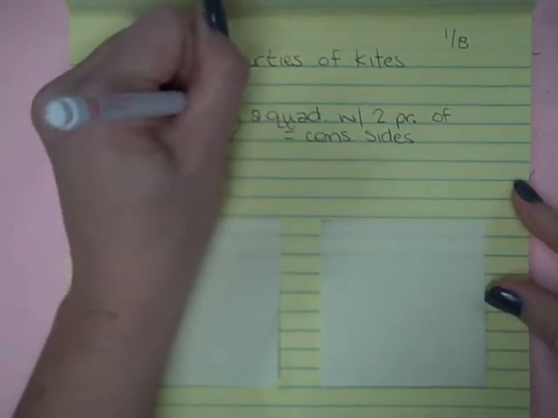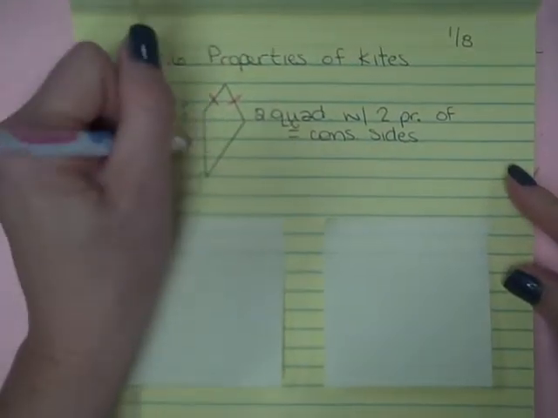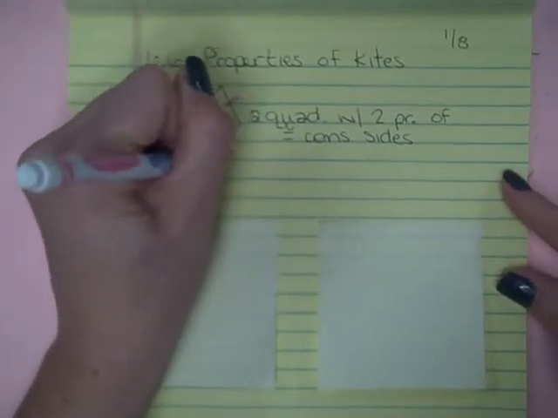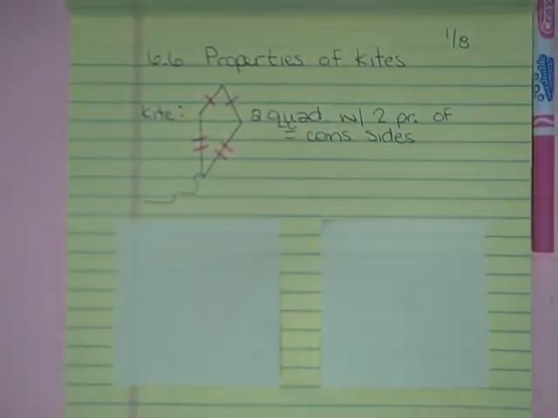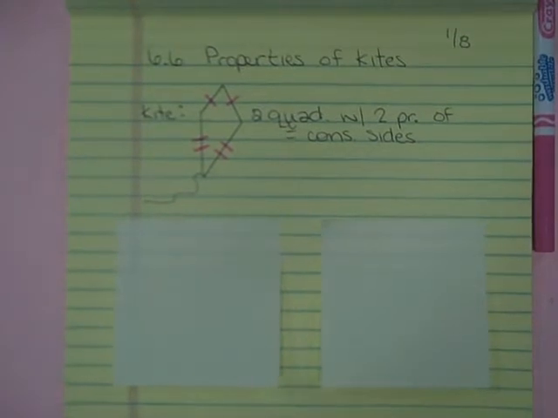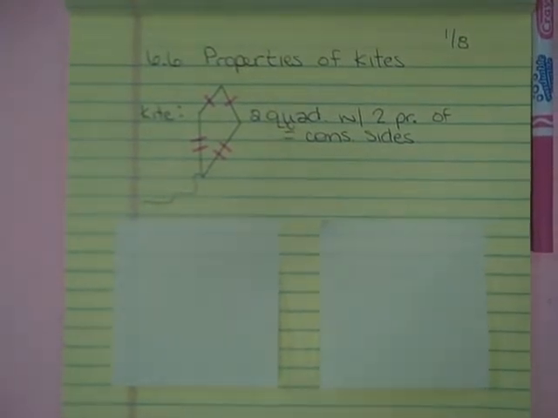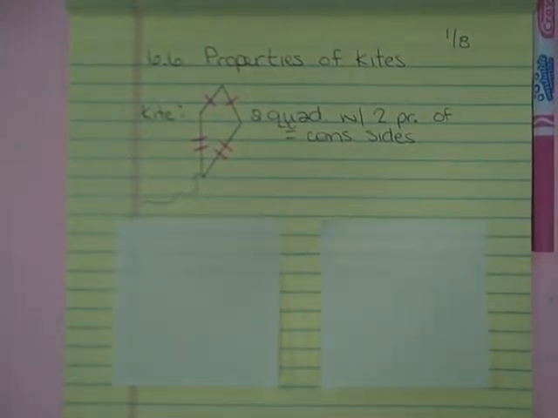So this side would be congruent to this side, and this one is congruent to this side. Notice there are no sets of parallel sides like we have in our parallelogram or our trapezoid. This is a shape that stands alone. So if you're looking in your Venn diagram that we've been putting in our notes, this is a circle inside the quadrilateral family that doesn't belong to anybody else.